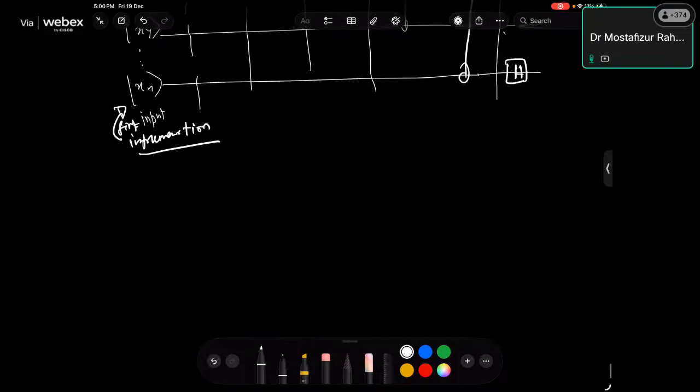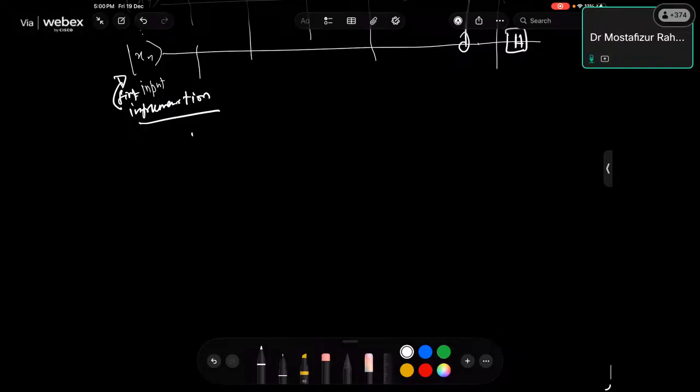Stepwise, if you look at the first step, step 0 is x1, x2 up to xn.